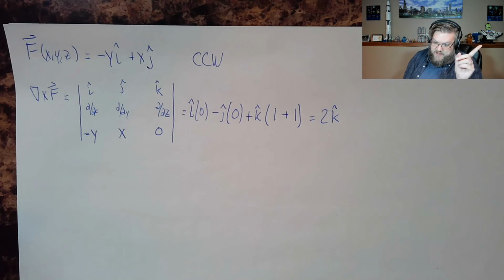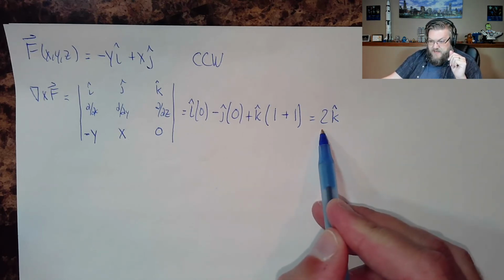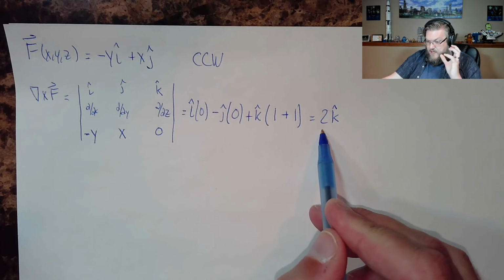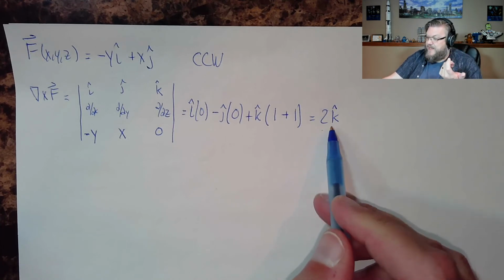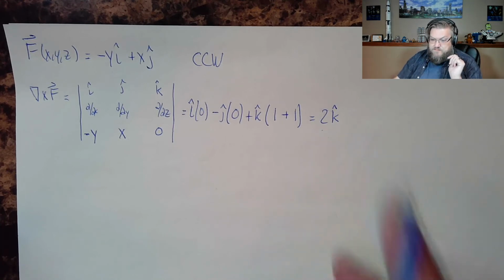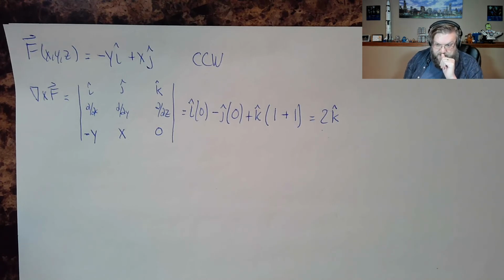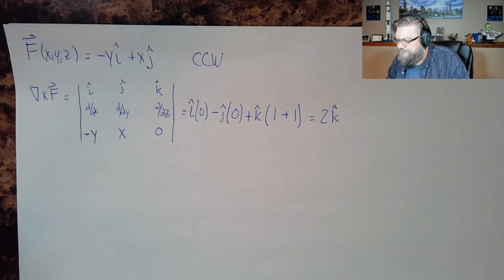And the previous one was magnitude of 1. So this is in some sense saying that it's rotating counterclockwise at a constant 2, right? And it's a measure of its angular velocity in a sense. Yeah. Okay.